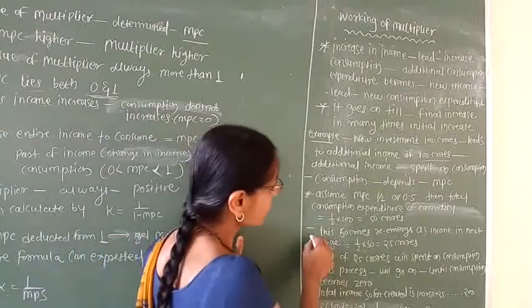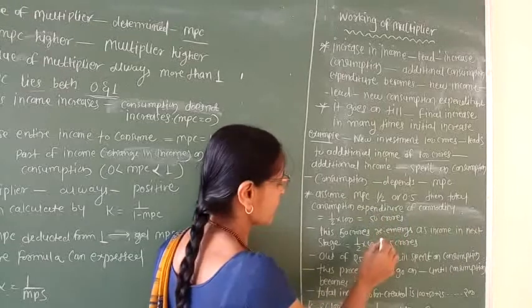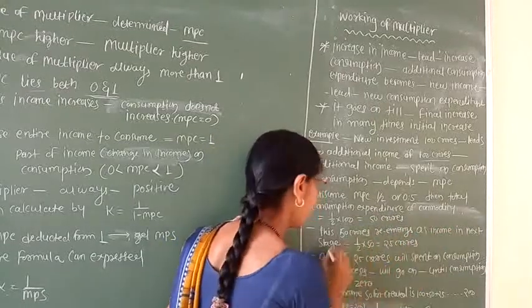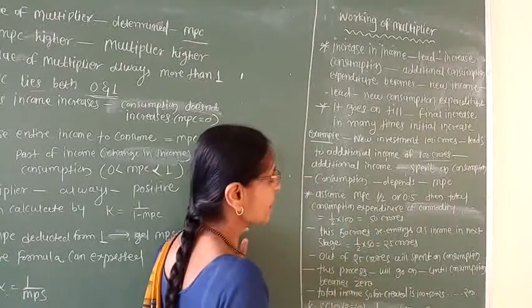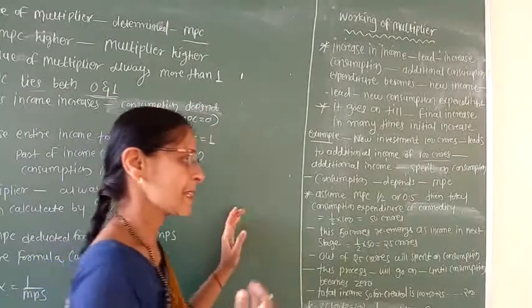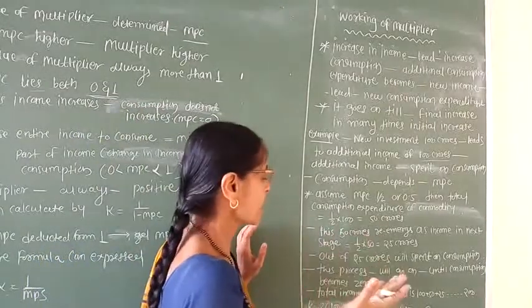Suppose these 50 crores re-emerge as income in the next stage, and the consumer spends it on different goods and services.